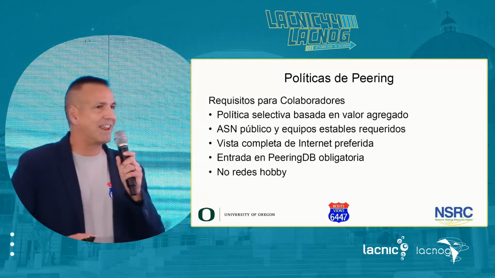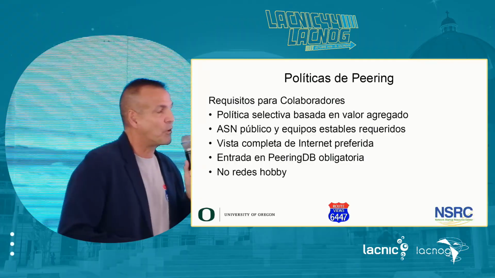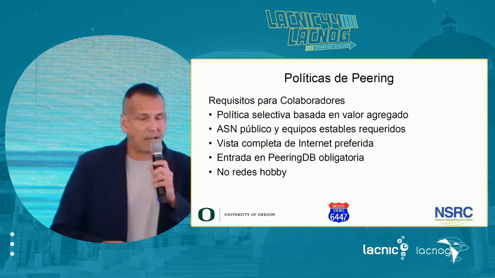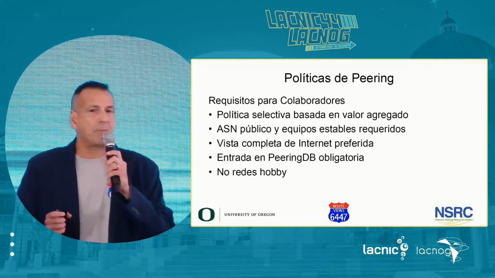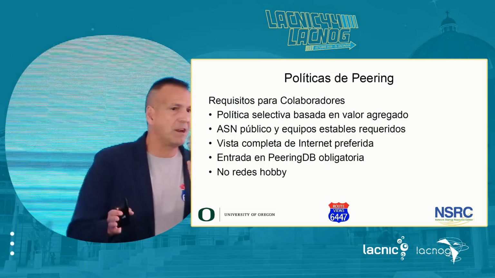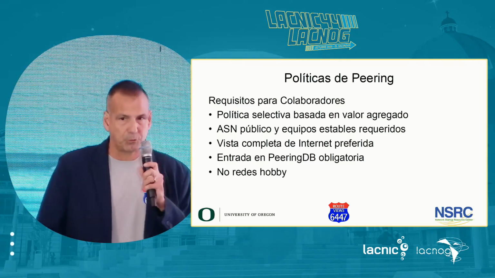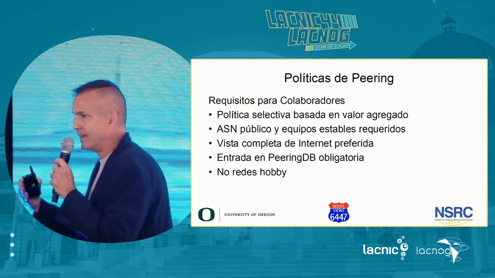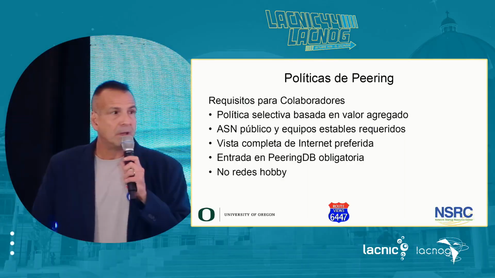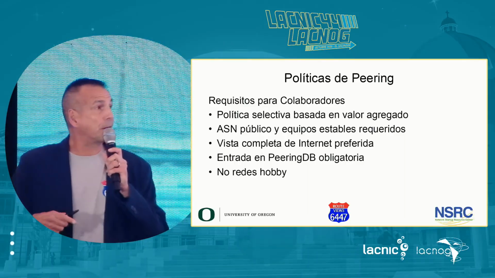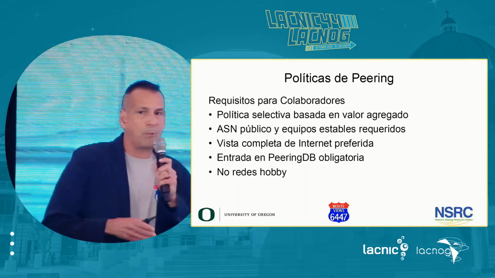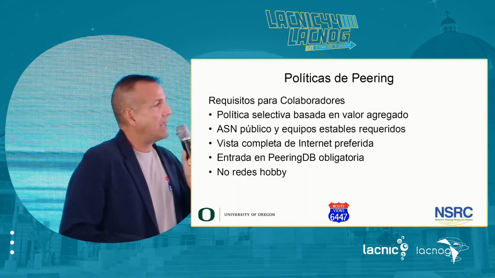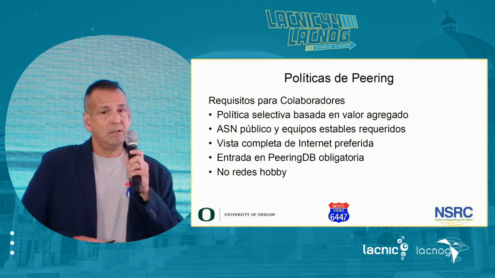So an unstable system is not trustworthy for people. So we want to have the most comprehensive view of the internet as possible, routing tables as complete as possible, so we don't need to implement many collectors in one place because they just have partial information.